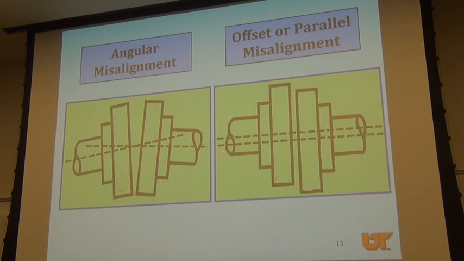So in this case, the two shafts are here, so every time it rotates, you may have some forces acting on the bearing at 2 times the frequency, maybe sometimes 3 times the frequency. So it's more than 1 times the frequency. And you detect that frequency by installing accelerometers in certain directions.